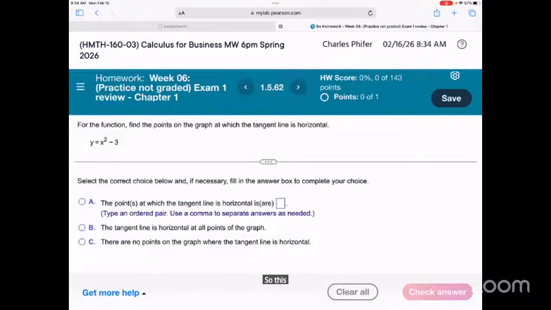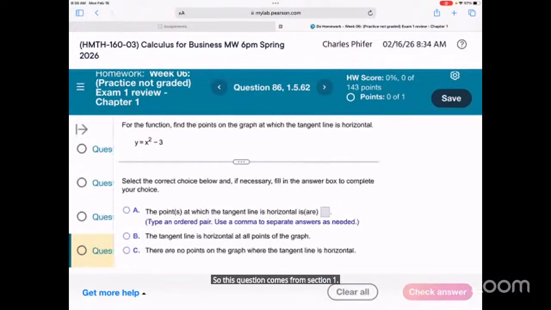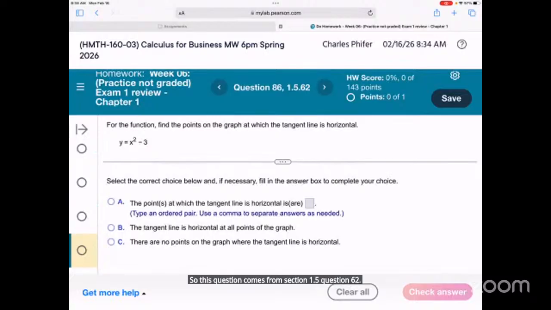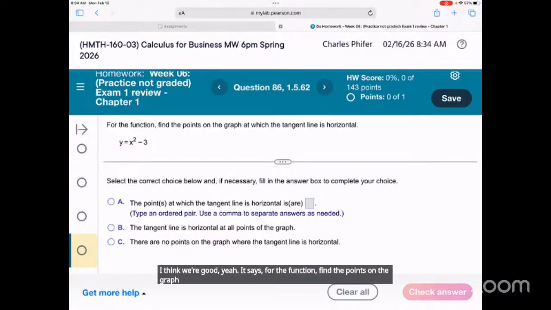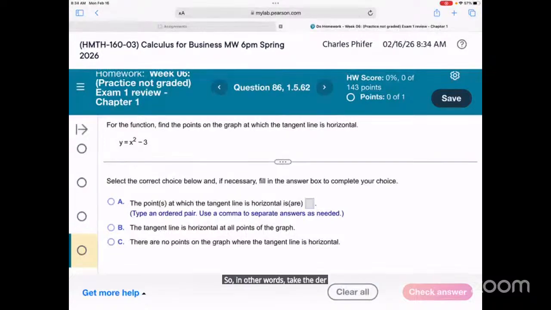This question comes from section 1.5, question 62. It says for the function, find the points on the graph at which the tangent line is horizontal. In other words, take the derivative, set it equal to 0, and find the values of x that make the derivative 0.